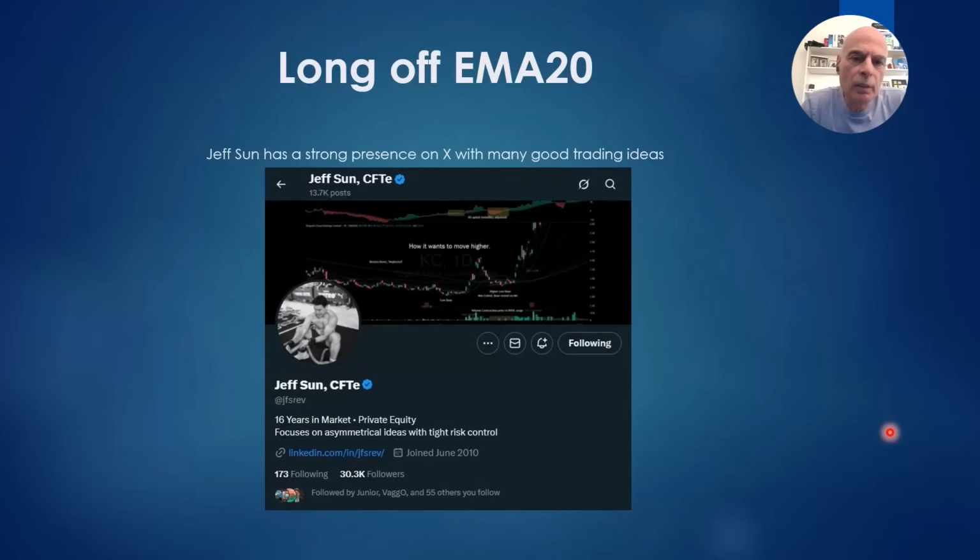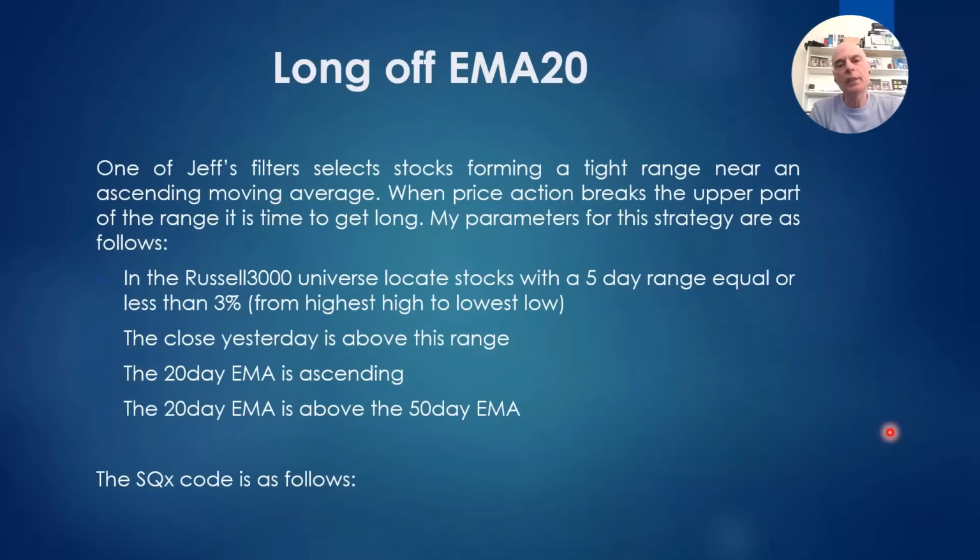He has written a lot of filters for trading, and is one of the accounts that I'm actually following. So one particular idea I liked was to go long a rising exponential moving average, the 20-day exponential moving average.